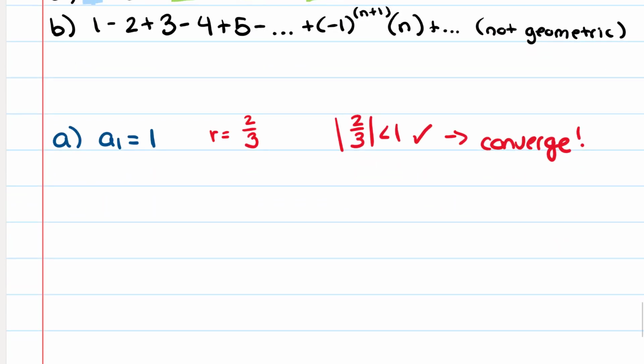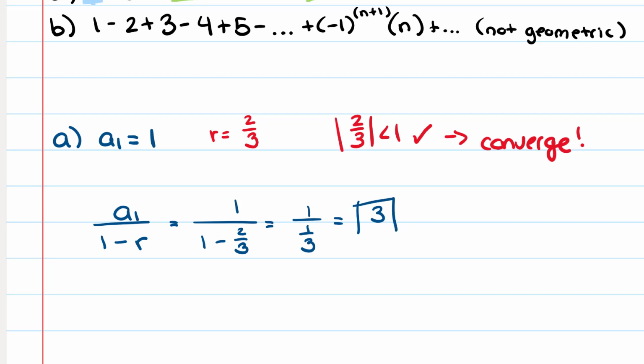So then I just have to use my equation. So I get a sub 1 divided by 1 minus r. So I get 1 over 1 minus 2/3, 1 divided by 1/3, which is 3, which means my series will eventually converge to 3.